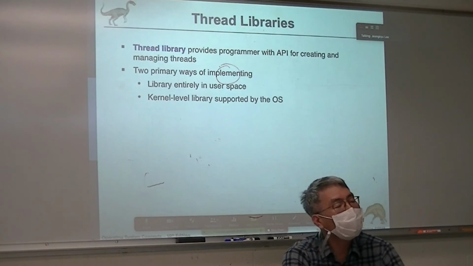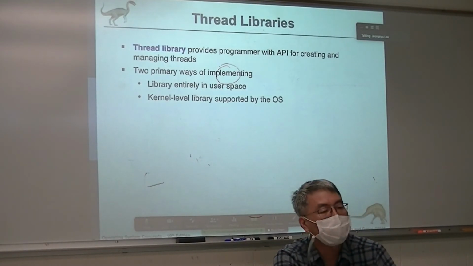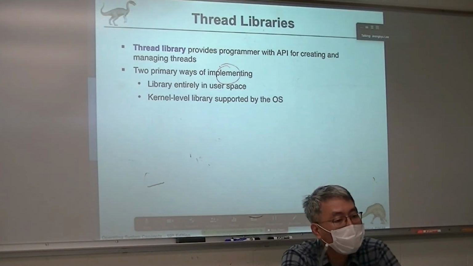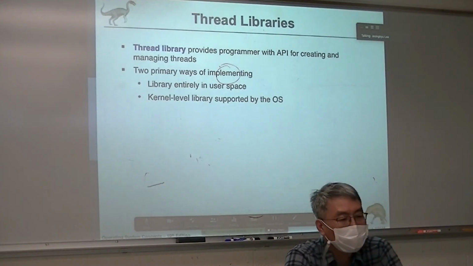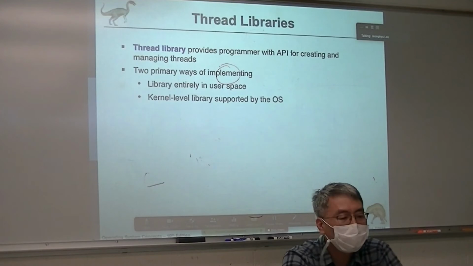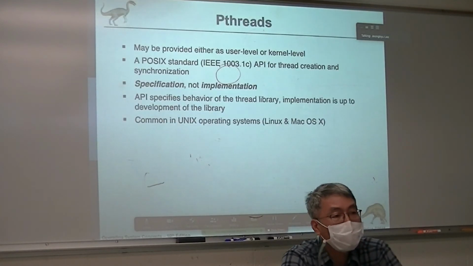So how can we create such a thread? The operating system provides a thread library, so you can use the provided thread library to create thread programs. The first one is Pthread. It's the POSIX thread.